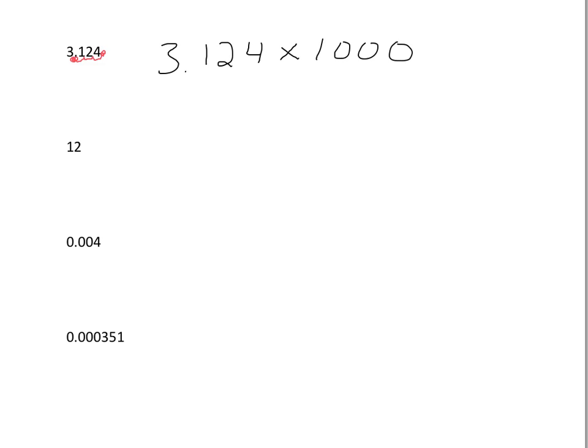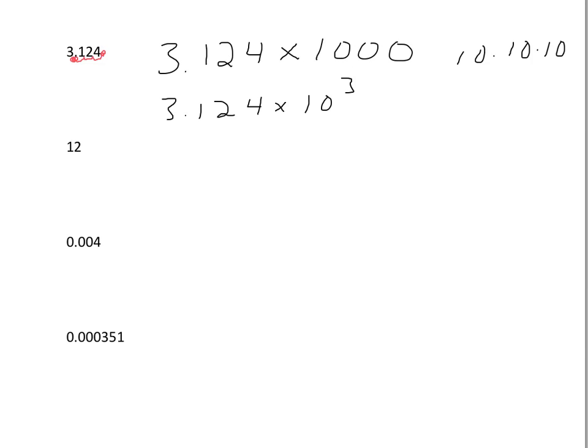Where it gets interesting is you change 1,000 to 10 to the third, because 1,000 is 10 times 10 times 10. So I'm going to rewrite this as 3.124 times 10 to the third. And that's scientific notation.